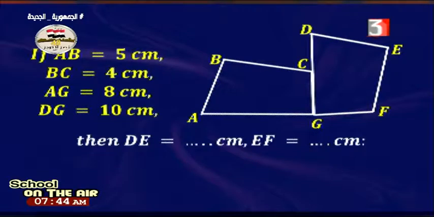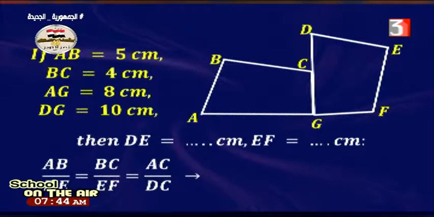Then, look carefully. We have said before that the sides must be proportional. So in this case, we can say that AB over DE equals BC over EF equals AC over DF.